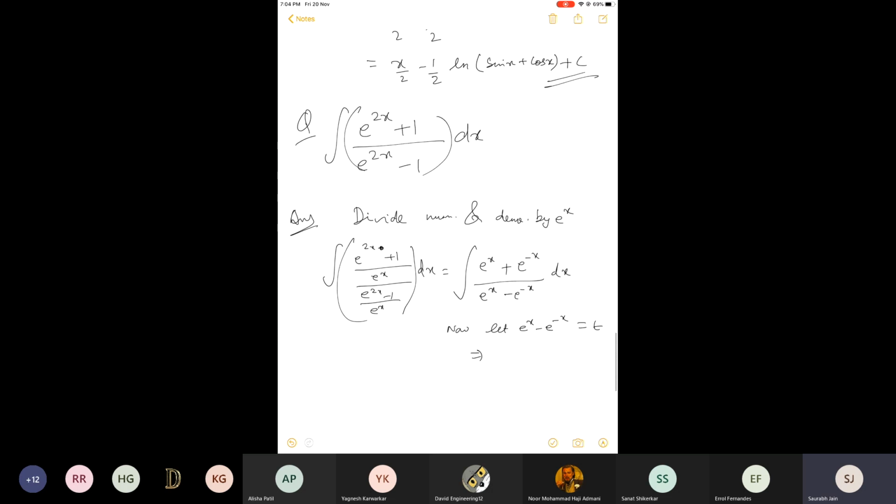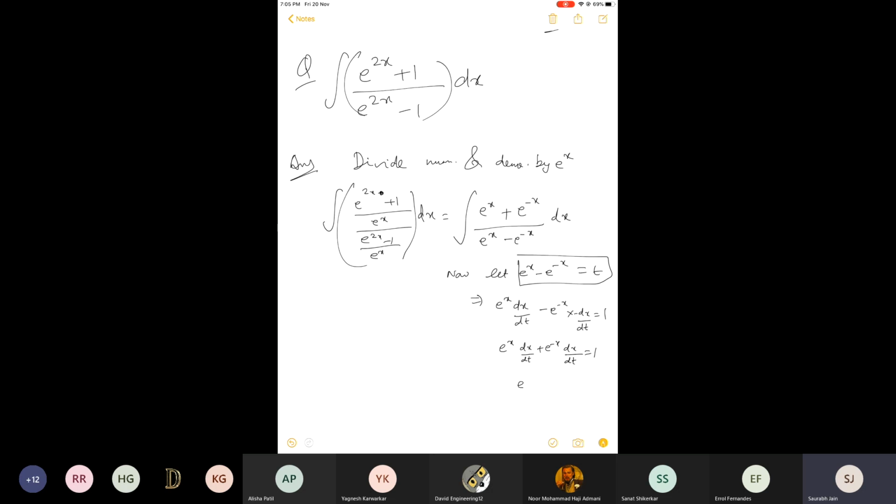Now next step is always differentiating. So e to the power x dx by dt, then minus is already there. So differentiation of minus x will be minus. dx by dt equals 1. E to the power x dx by dt plus e to the power minus x dx by dt is equal to 1. You take dx by dt common.